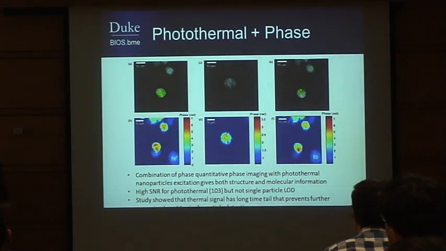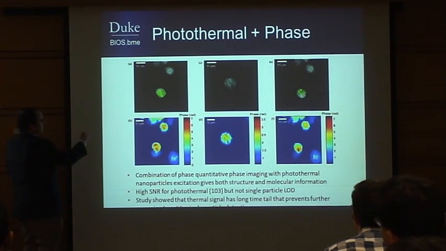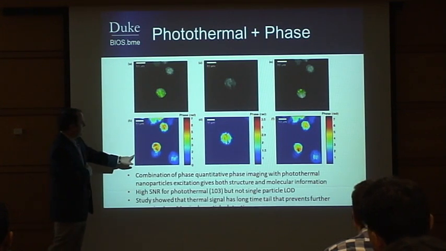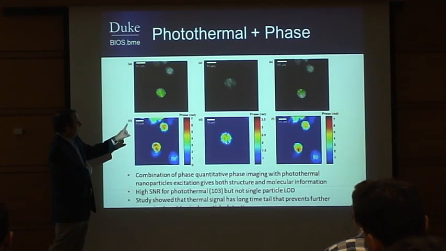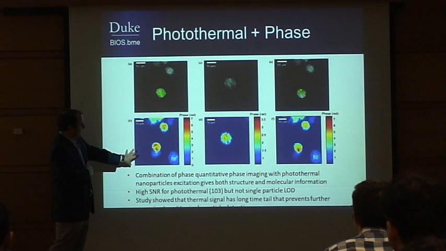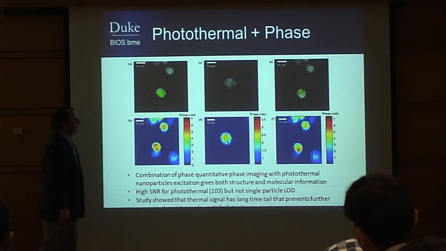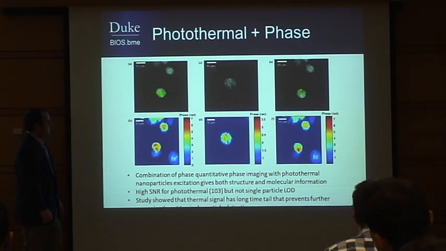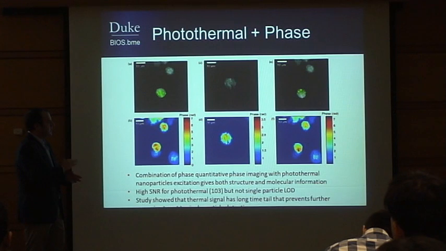So we began instead to look at photothermal imaging with phase. We were doing our quantitative phase imaging of cells, and those are the images on the bottom. And then what I have on the top are grayscale images of these phase images with the photothermal signal laid on top of it. So we would take an image of our cells, whack it with a 532 pulse so we get a phase change, and then take another image.